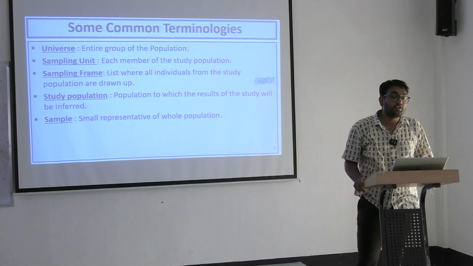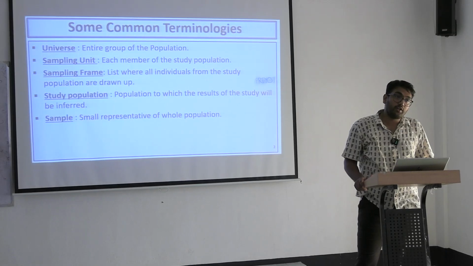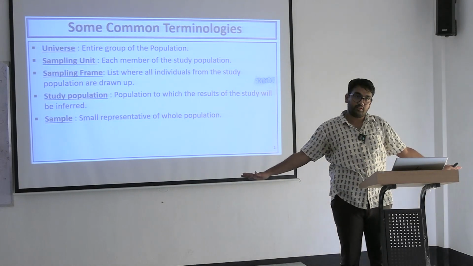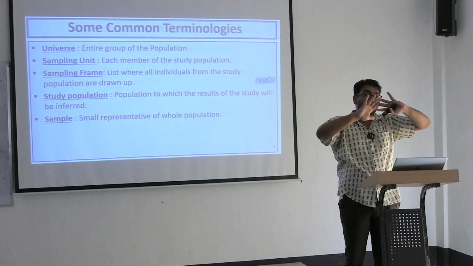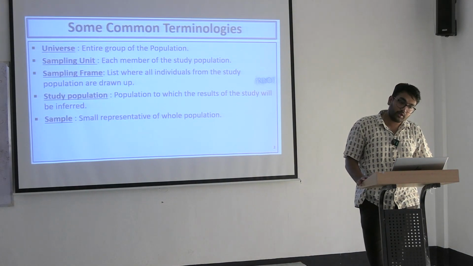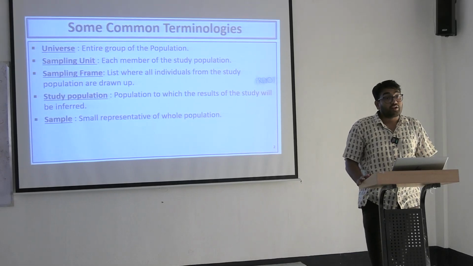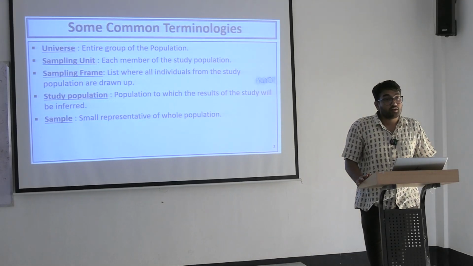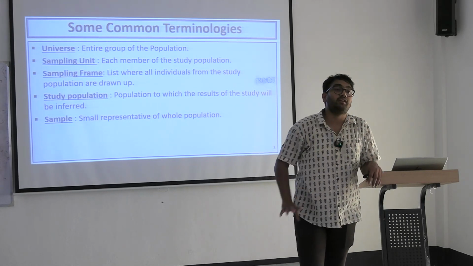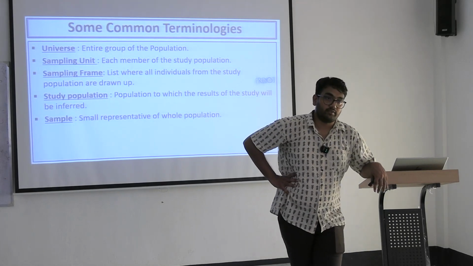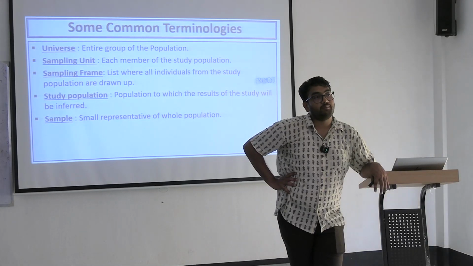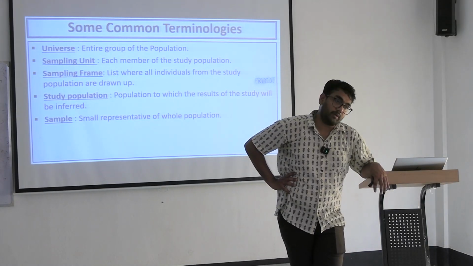First of all is universe. What is the universe? Universe is the entire population. What is the study population then? Study population is the population on which the study is being done. For example, I know that anemia in adolescents is a problem.